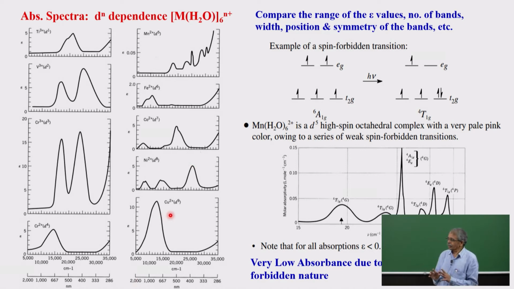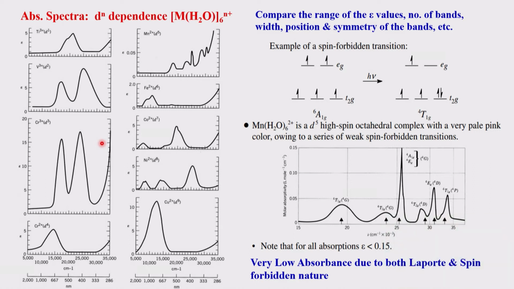So what I wanted is, you don't need to remember anything, but just see there are differences: the shape of the bands, the nature of the bands, the area under the bands, the number of bands. And one very important thing is the y-axis, which tells you about the absorptivity or molar absorption coefficient.